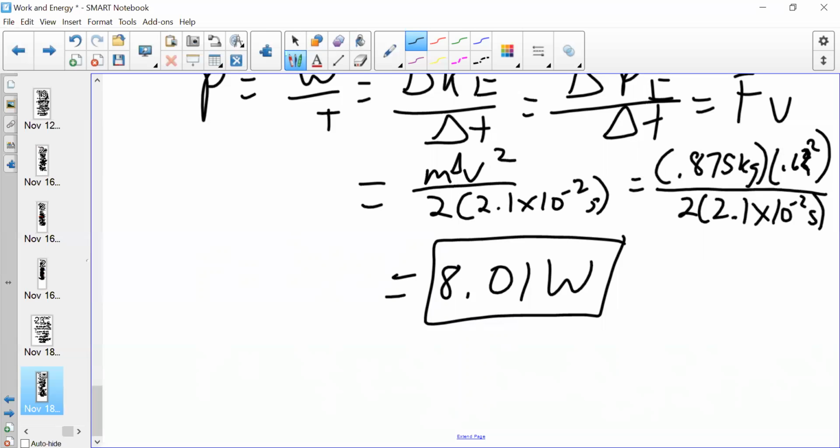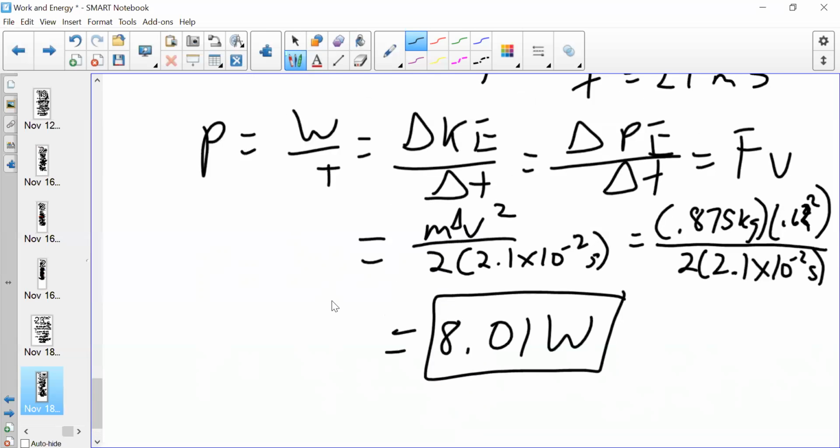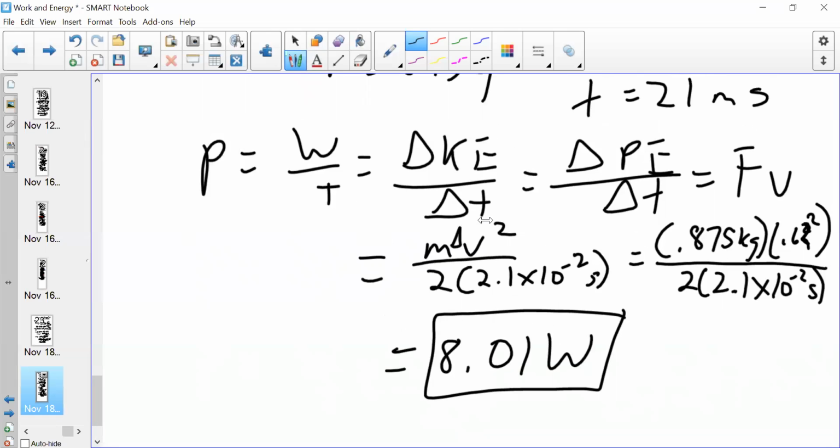So again, we have a few options. Does everybody see why we use change in kinetic energy over time? Don't just write this down and forget about it. We must ingrain this basic understanding before it gets weird. Power is work over time. Work is change in kinetic energy. Work is also equal to change in potential energy per time.